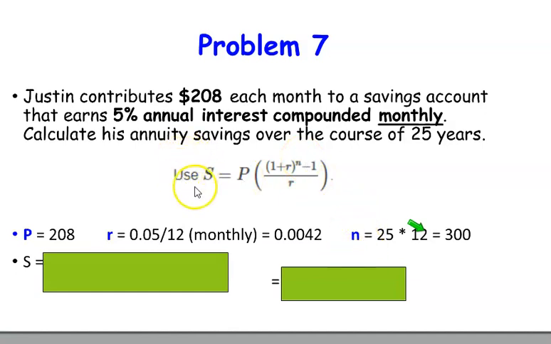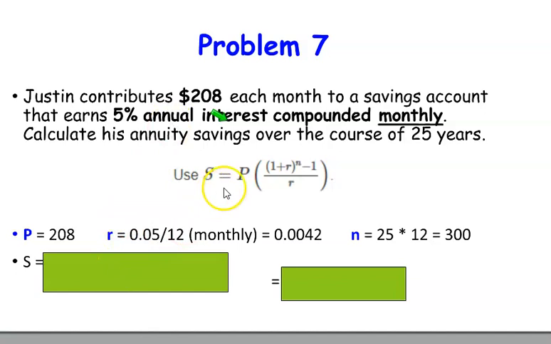So in this formula, for the annuity savings, the N represents the time. 12 monthly interest amounts, once every month for 25 years. So that multiplied together is 300 times this amount the interest is being compounded. It's being calculated. Plug it in.